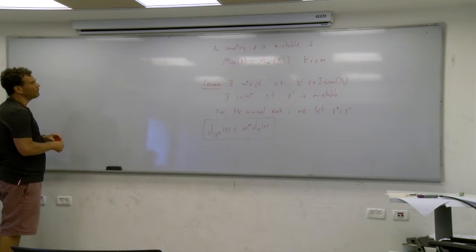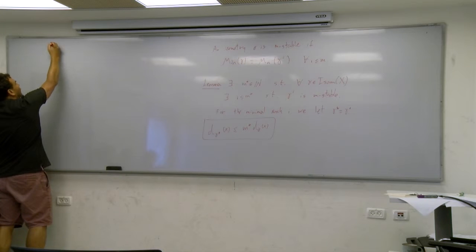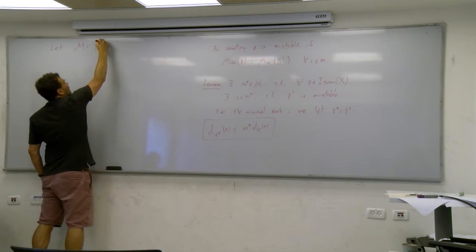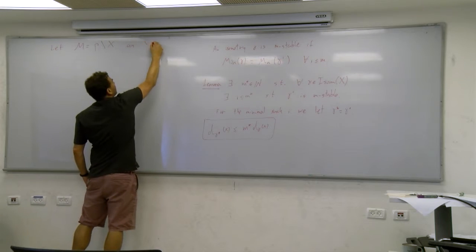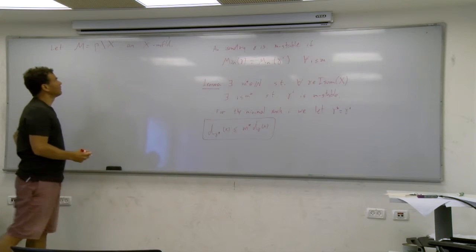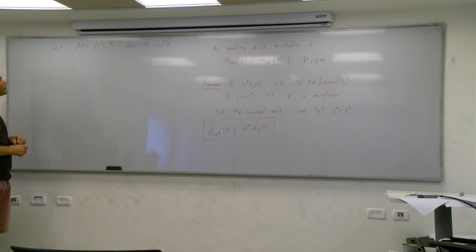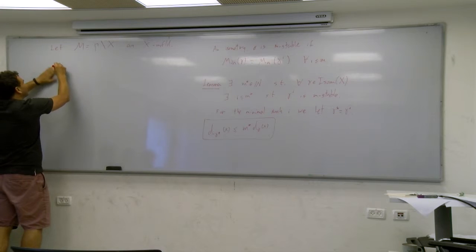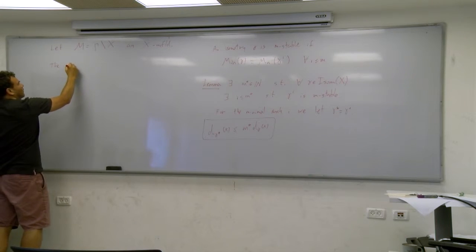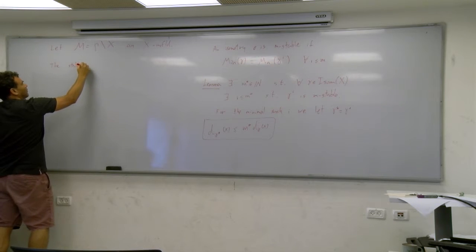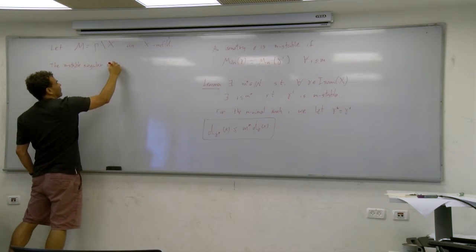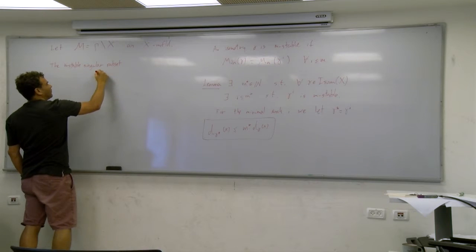So first, again, let M be an X-manifold, so it's X mod Gamma, and Gamma is the group of deck transformations, the fundamental group of M. And now I define the M-stable singular subset of X. I denote it by N tilde.